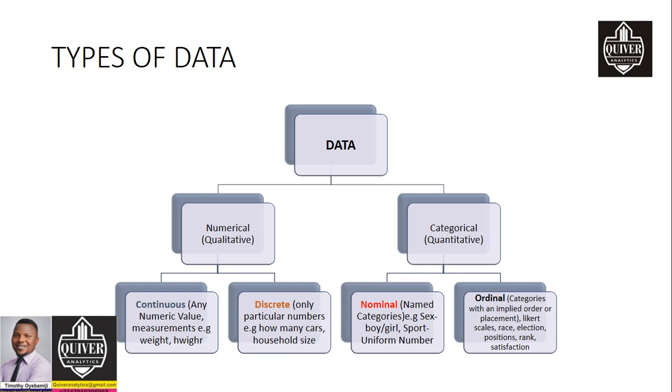No. Shoe size is discrete because shoe sizes have been categorized. If you are wearing 4.5, you'll be wearing 4.5. You hardly see a 4.6 shoe size if there's a 4.5. Do you understand?